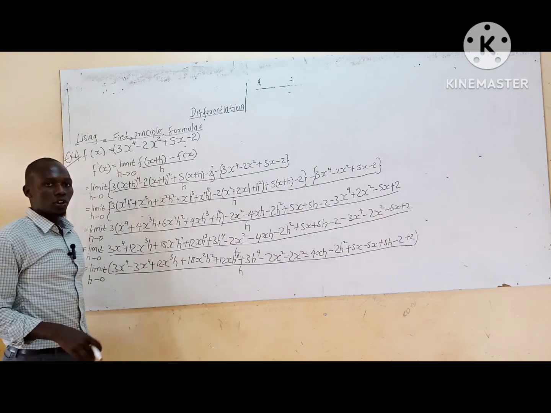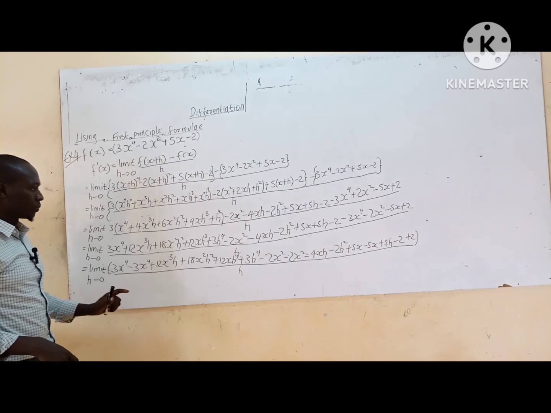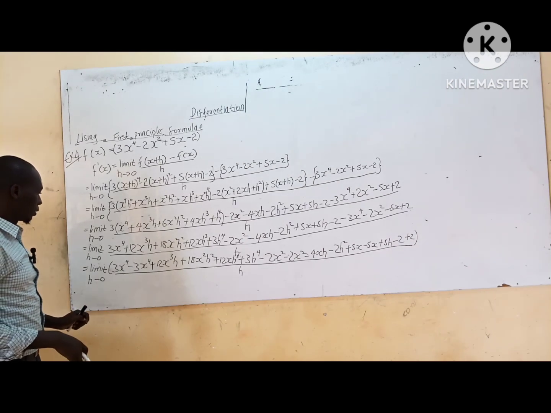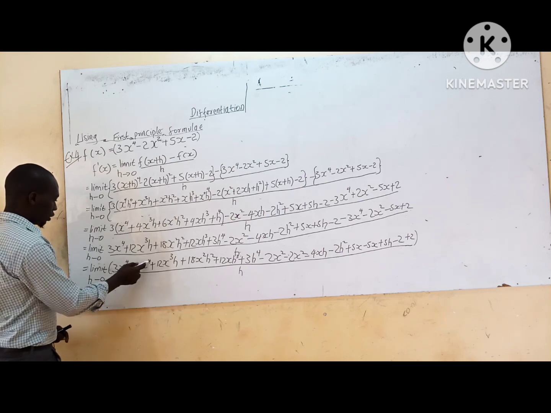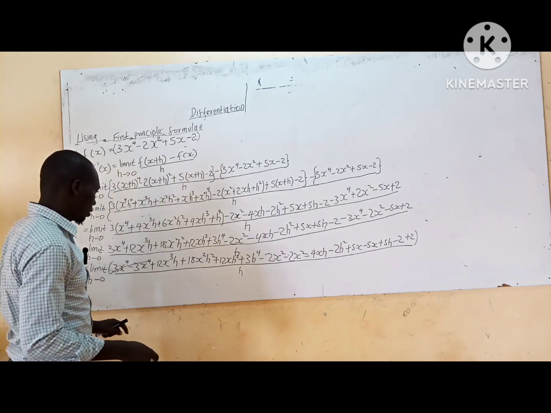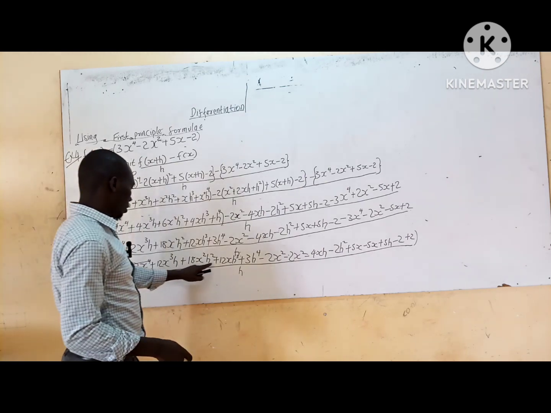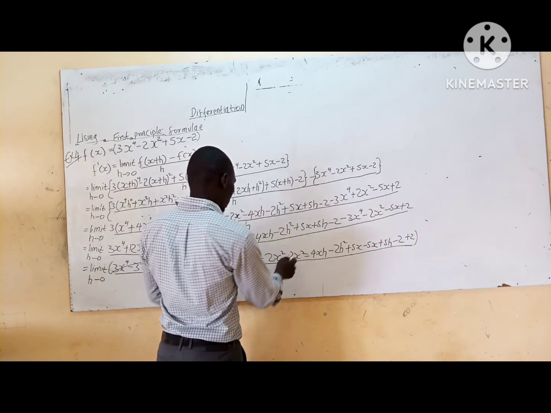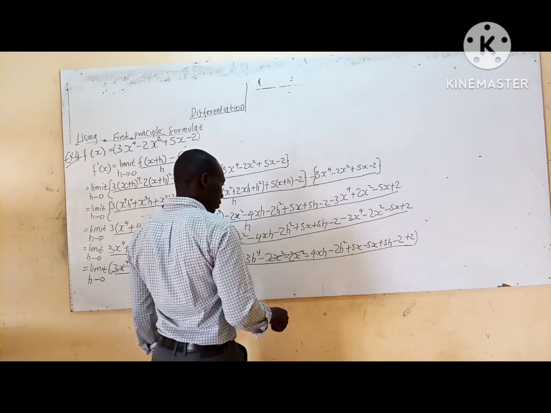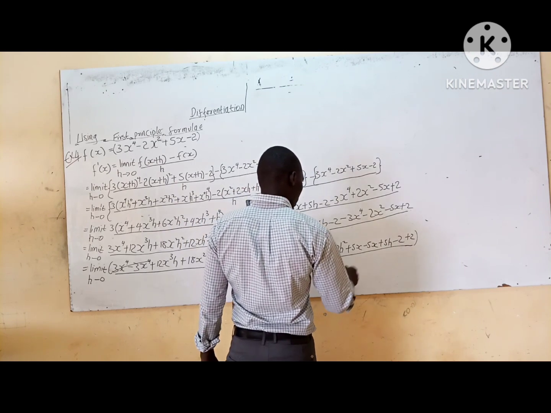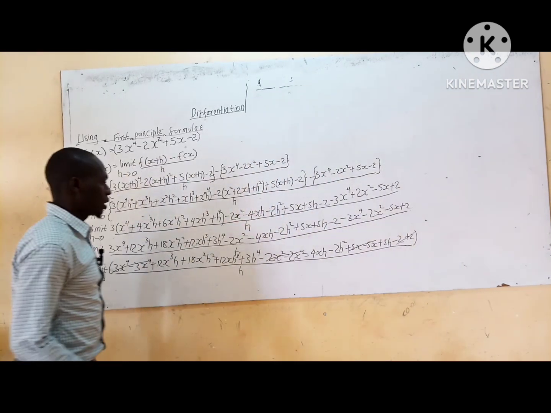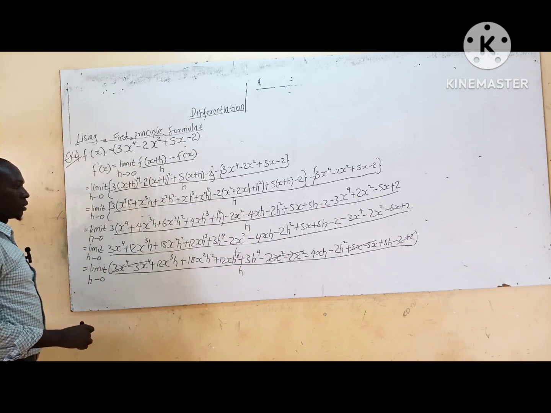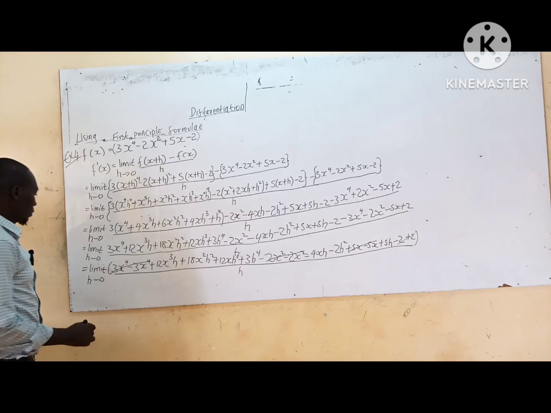After now collection of like terms, we come and check: these terms will cancel out. Those are the terms that are going to cancel out since they were like terms.